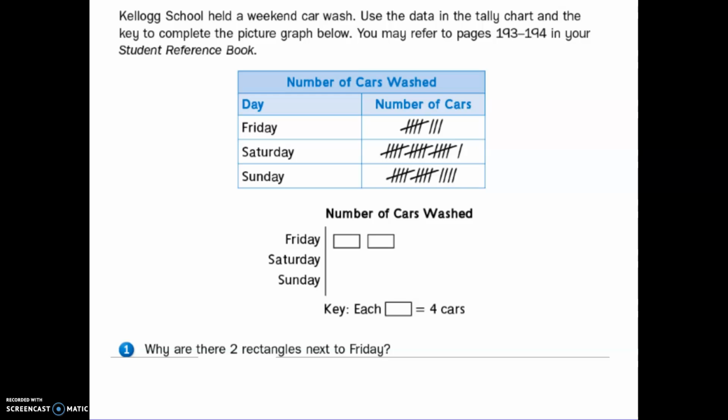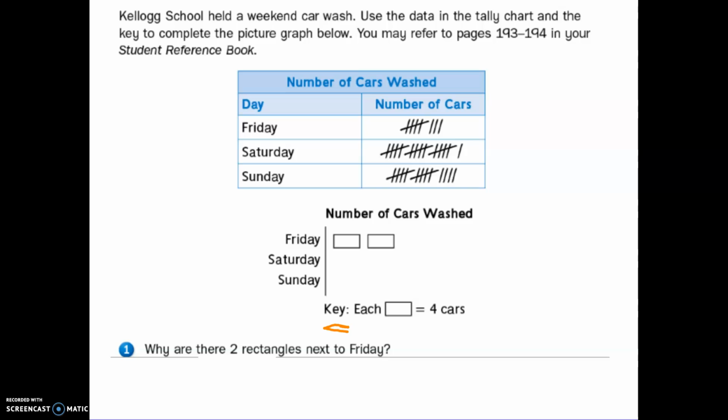So we use some tally marks to collect our data. On Friday, 8 cars. On Saturday, 5, 10, 15, 16 cars. On Sunday, 5, 10, 14 cars were washed. Now the key for their picture graph is a rectangle, and each rectangle equals 4 cars.